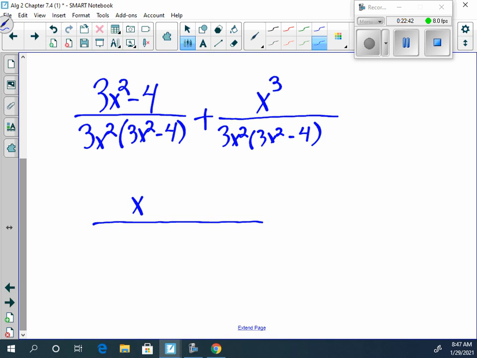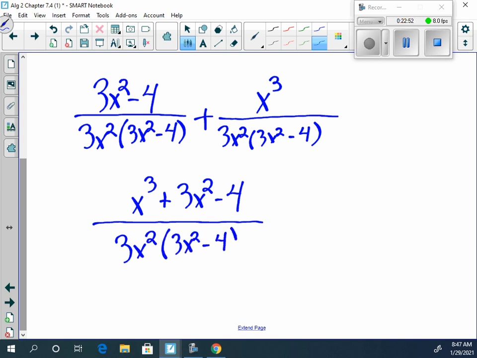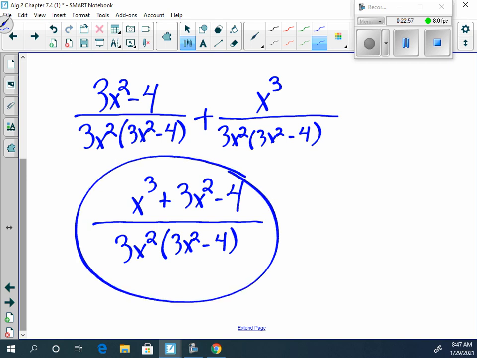What should that be? X cubed plus... and that's as simplified as it gets.